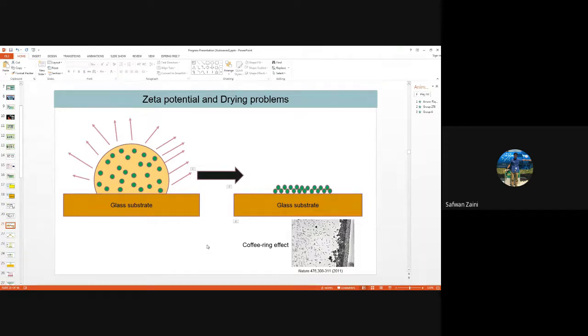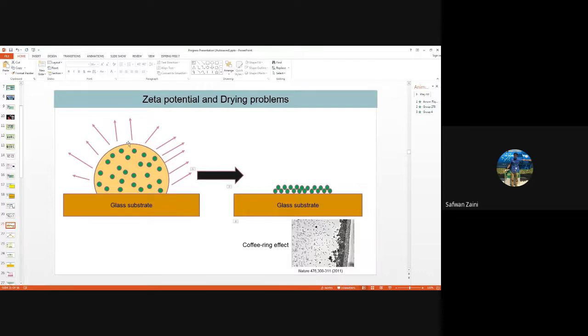I would like to point out an application of zeta potential measurement and how it is important in drying problems. What you're looking at on the left is a configuration where there is a glass substrate and a droplet of sample, and this droplet contains particles.